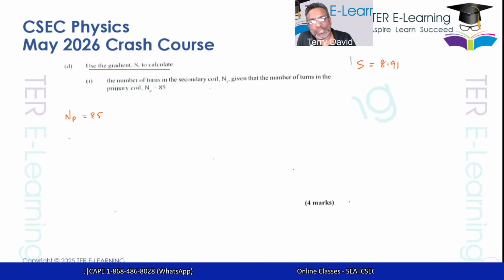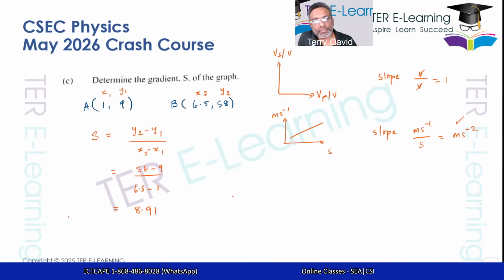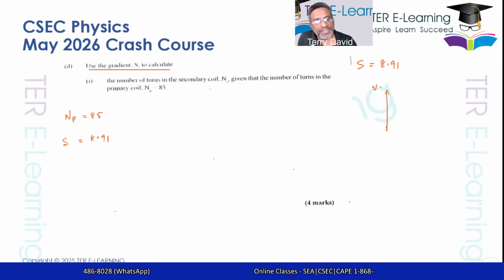Now your slope is 8.91. First of all, what did you divide in order to get your slope? Remember, you plotted a graph of Vs against Vp. When you work out the slope of your line, you are essentially taking Vs and dividing by Vp.